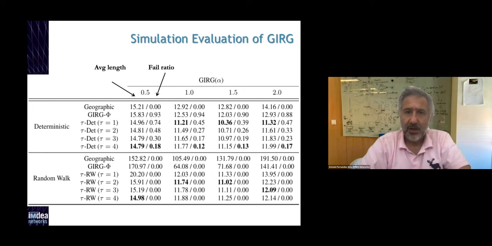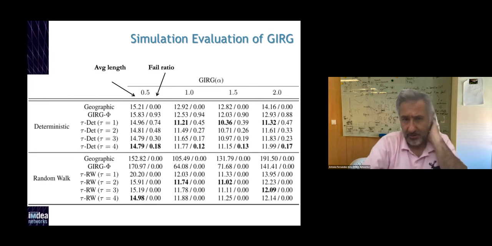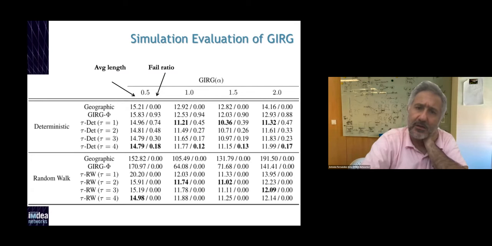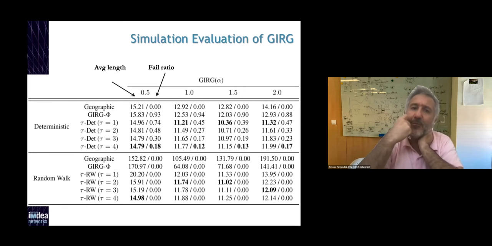Then when we run these 50,000 routing problems, here in this table we're evaluating the topology obtained with GERC, and we are evaluating how different routing algorithms work in that topology.